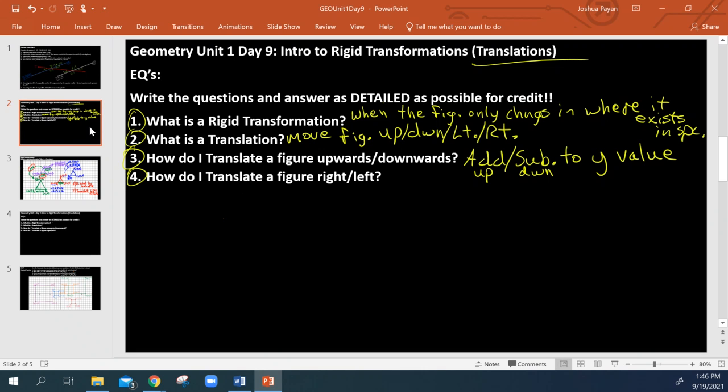Well, if you didn't catch that from what we were doing earlier or on the do now, we add or subtract to the x value. Adding takes us to the right, and subtracting takes us to the left. Pretty straightforward with translations.